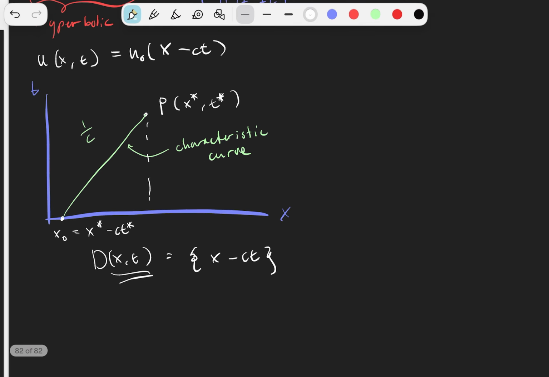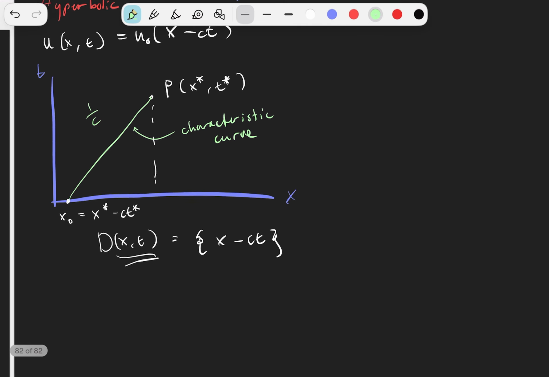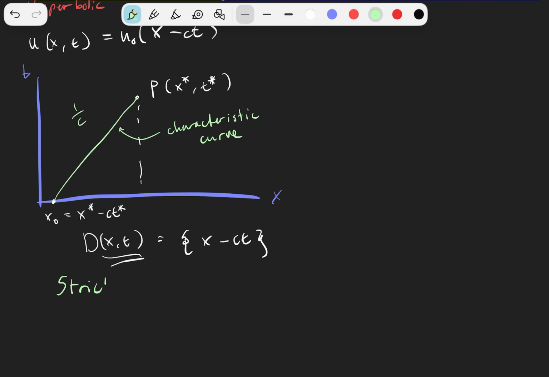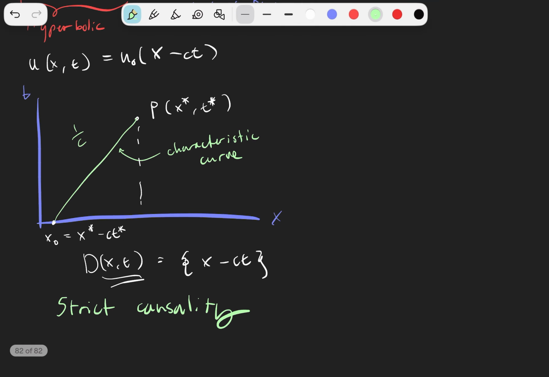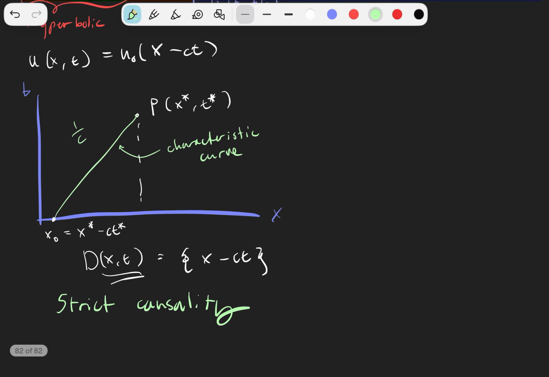And this is the concept of, let's do it in green, this is the concept of strict causality. All right. There's only one unique path that this system can take, and causality is strictly adhered to.